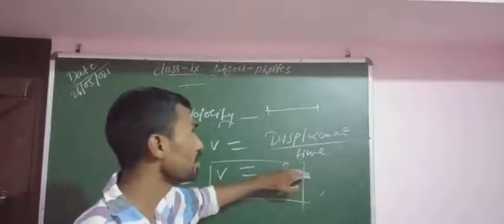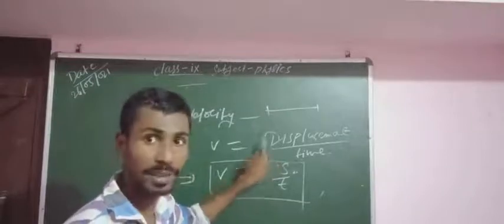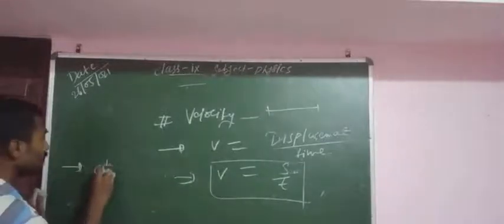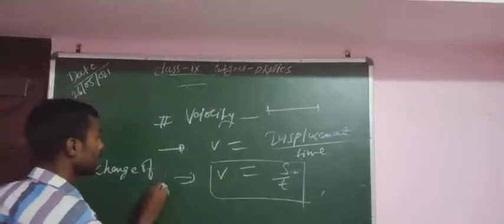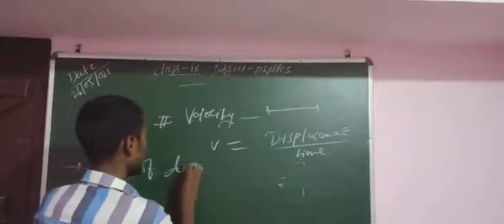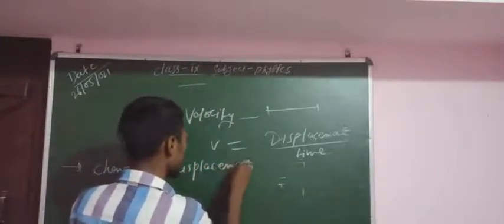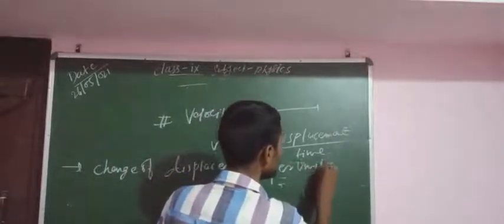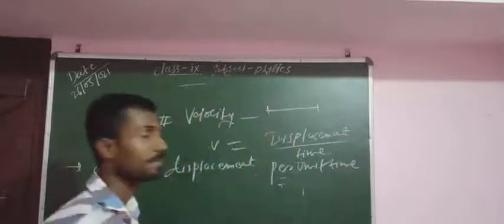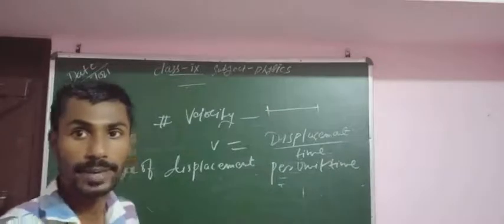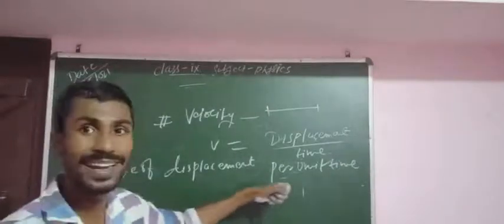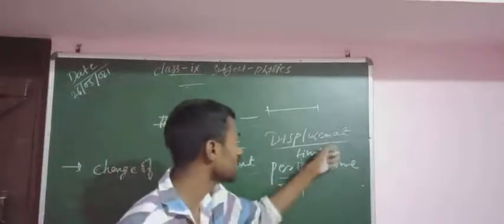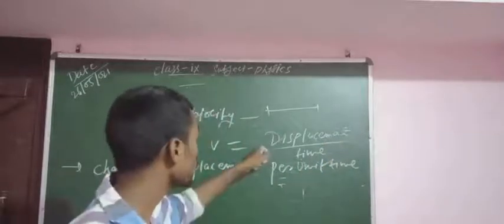From this mathematical formula, we can write the definition of velocity: change of displacement per unit time. मेरा displacement टाइम के साथ change कर रहा है, जब displacement टाइम के साथ change करेगा तो वो velocity देगा.